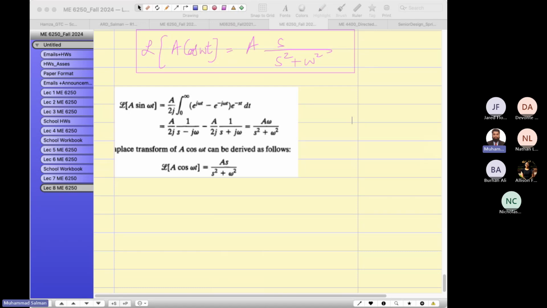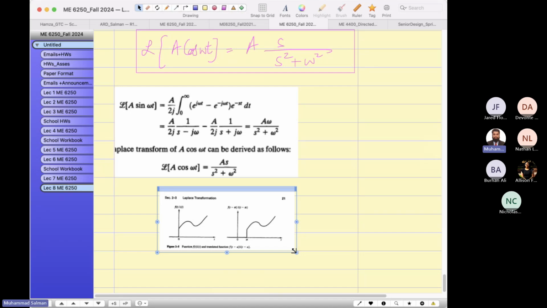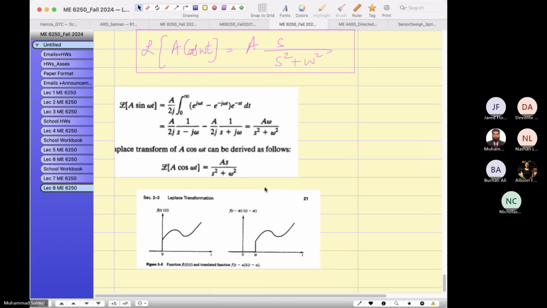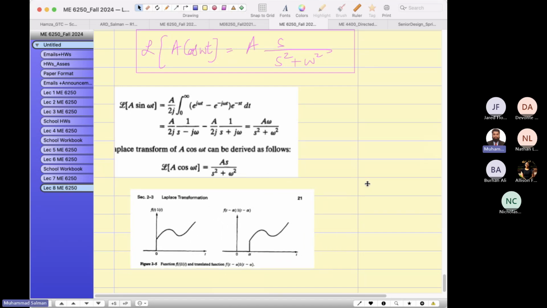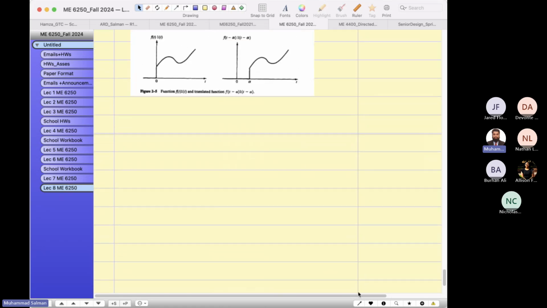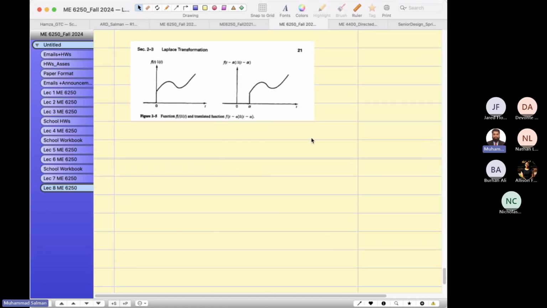So let me grab this picture here. So if you have such a case that the time domain function is starting from 0, but it is now shifted by alpha delay. This is like t minus alpha, which means the function is delayed by alpha seconds or microseconds, whatever the unit, it doesn't matter.